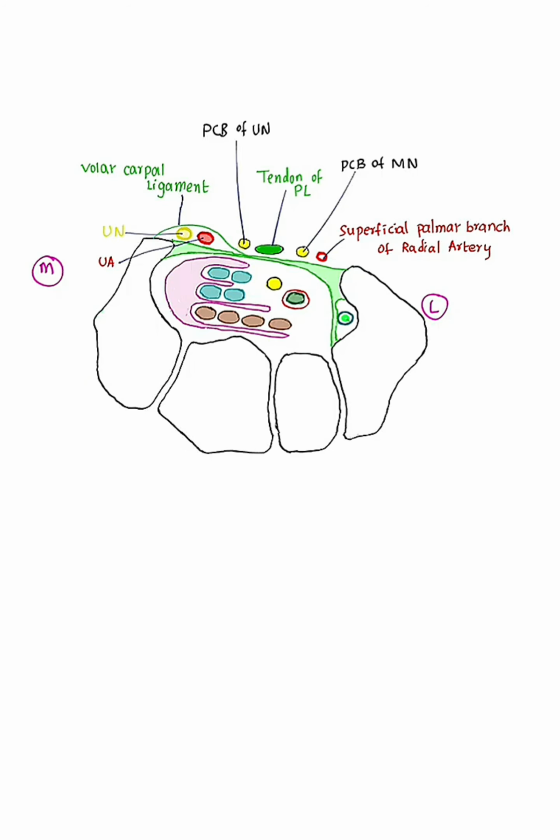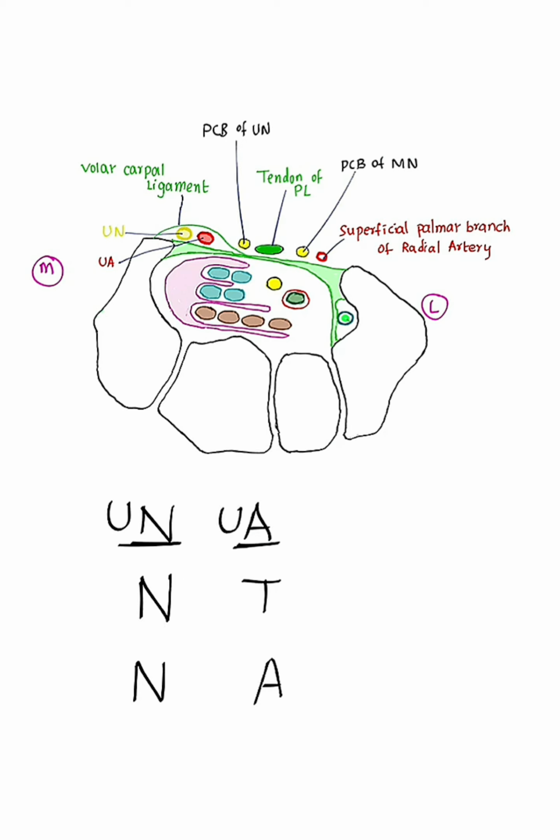From medial to lateral, remember NA, NT, NA. Now, N: ulnar nerve. A: ulnar artery. Then a branch of ulnar nerve, the palmar cutaneous branch of ulnar nerve.